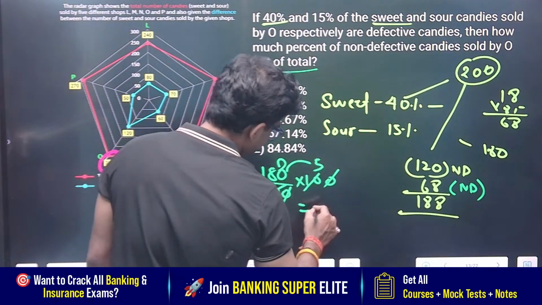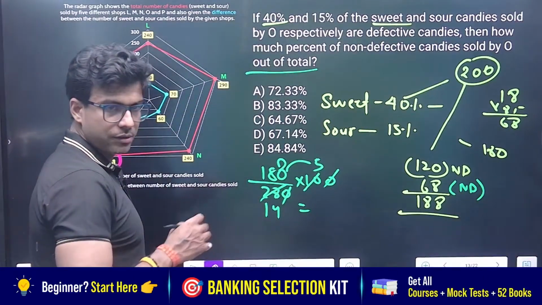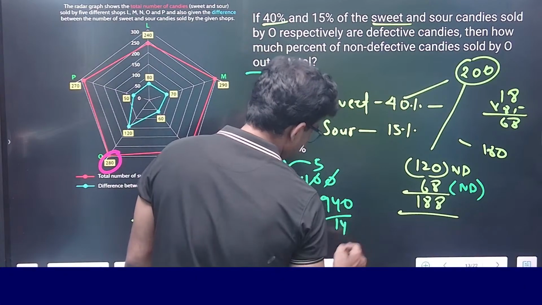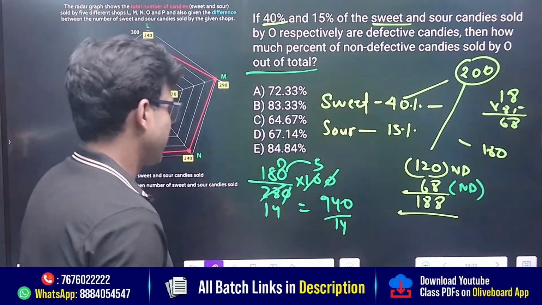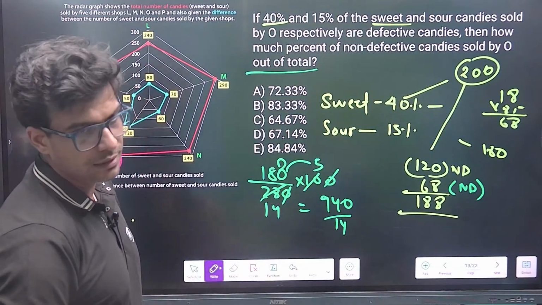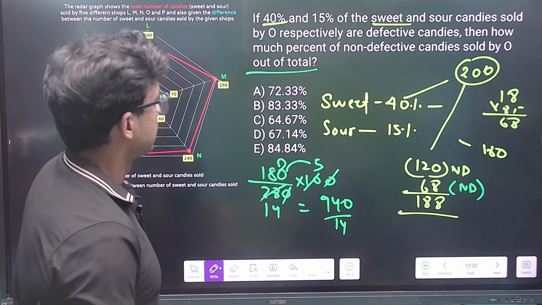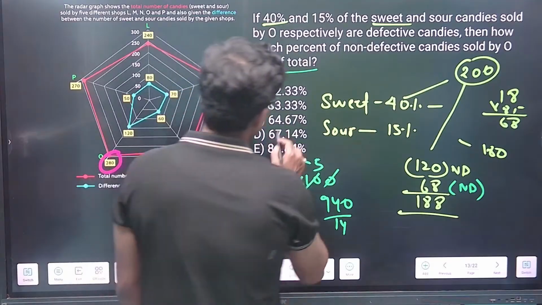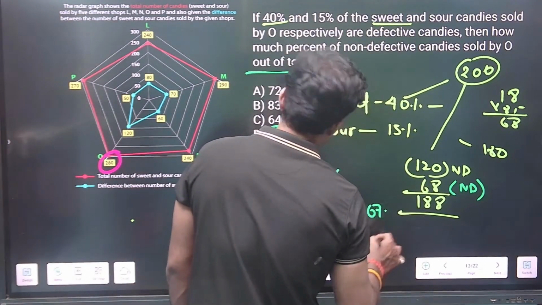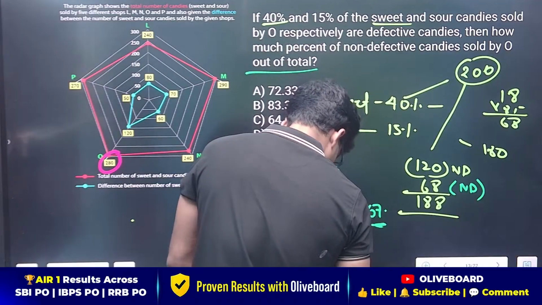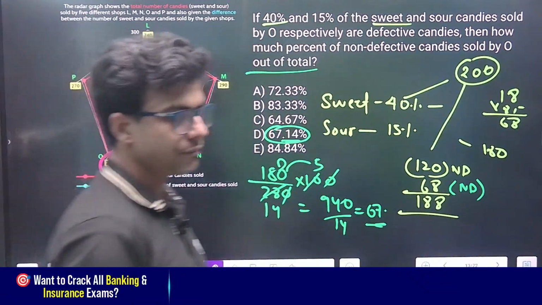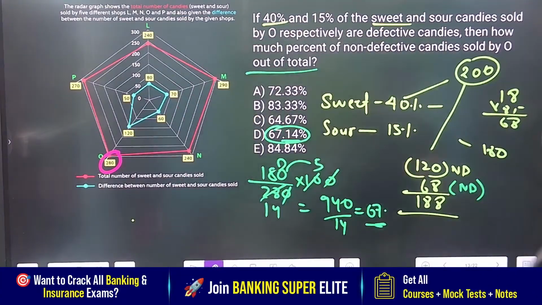Now this is basically 940. 940 by 14. 7 nines are 63. 67 point something. Not 68, it would be 67.